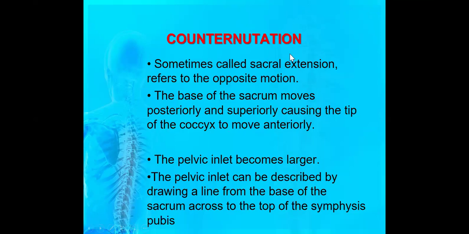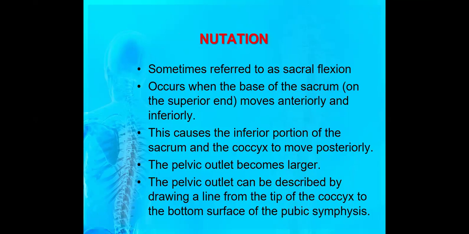Counternutation, also known as the extension of the sacral spine, refers to the opposite motion of nutation. The base of the sacrum moves posteriorly and superiorly, causing the tip of the coccyx to move anteriorly. So this kinematics of the sacrum is completely opposite to that of nutation. That's why it is known as counternutation, meaning opposite of nutation. The pelvic inlet becomes larger, in contrast with nutation where the pelvic outlet becomes larger.